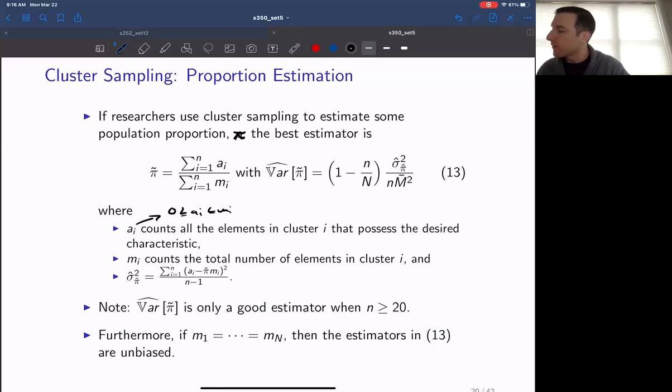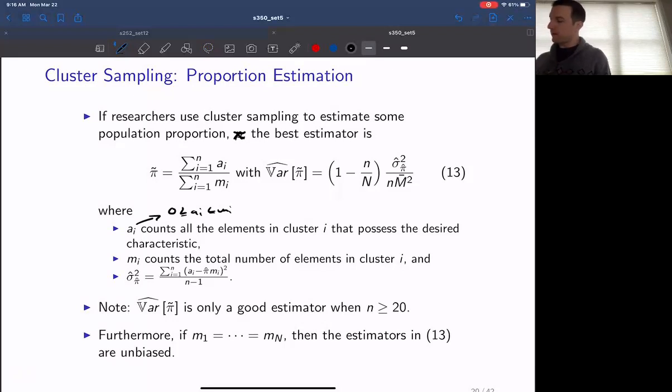So we have 1 minus n over little n, so the FPC, multiplied by the variance estimator for the proportion divided by n times m bar squared, where m bar squared, again, is going to be the average of the number of elements across all clusters in the population. And you can see the form of sigma hat squared pi hat shown below here. So we have the sum of the ai minus pi hat times mi, squared, over n minus 1 in that case.